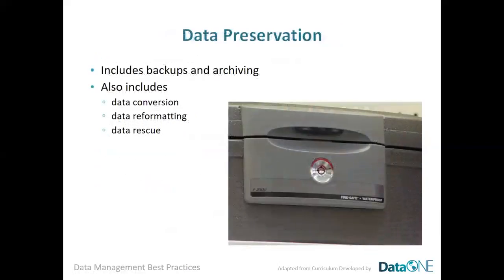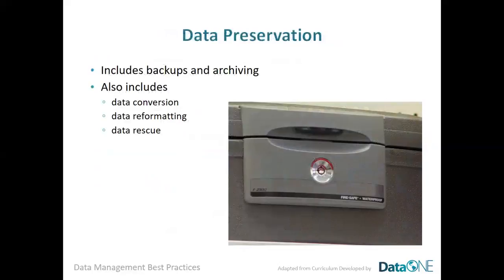So data preservation is really another level on top of backups and archiving. It does include those tasks, but it also includes things like data conversion from one format to the next, reformatting data. As file formats might go obsolete, you can reformat data to a newer version and maintain accessibility.